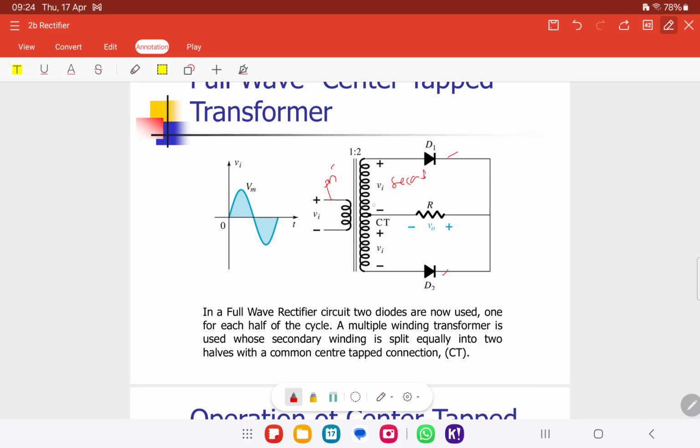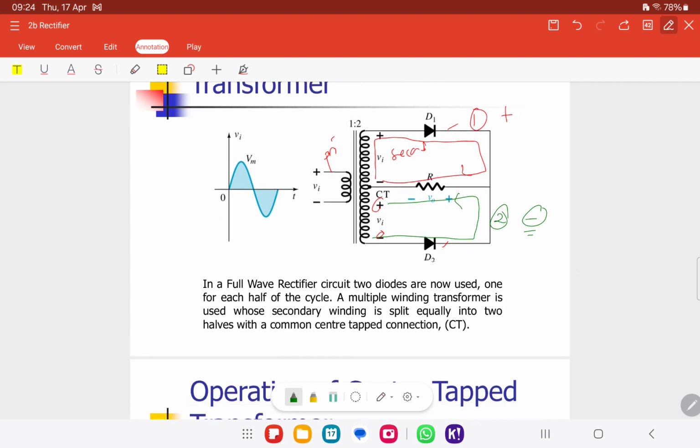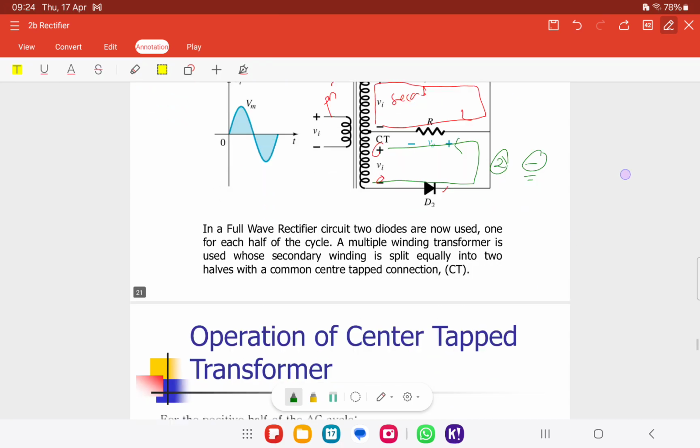So this is for the first path, the current flows here for the positive cycle. For this one we change the polarity. The current will flow for the second path for the negative cycle. One diode connection is for one cycle, one for the positive cycle, one for the negative cycle.